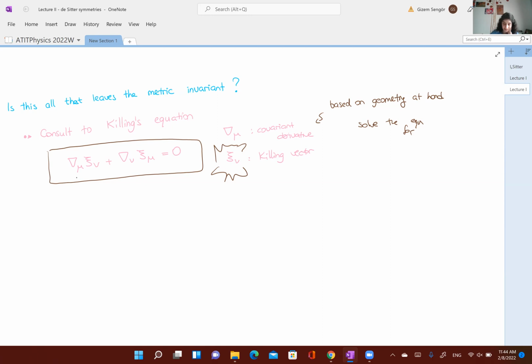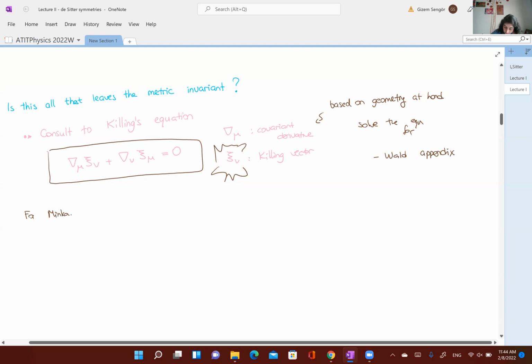Now, if you've just taken a GR course, you may or may not have encountered this equation, but in Wald, there is a nice appendix on this. And if you wanted to do some exercises, you can try to find the Killing vectors for some geometries. For Minkowski, because there is no curvature, this covariant derivative is just the normal partial derivative.